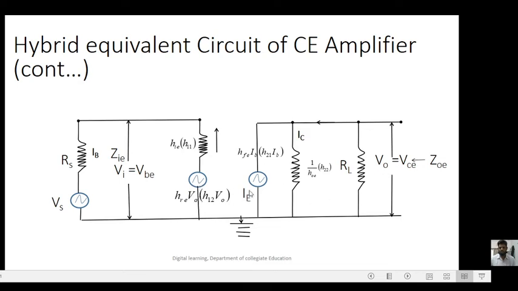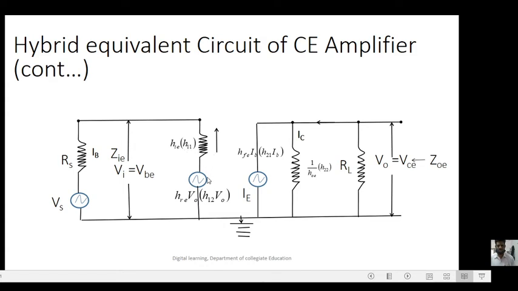Here ZIE is the input impedance, Vi is equal to VBE, the base emitter voltage. So this is known as the input voltage. HIE is known as H11.